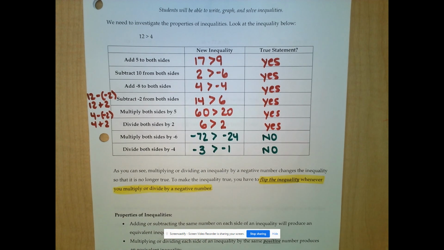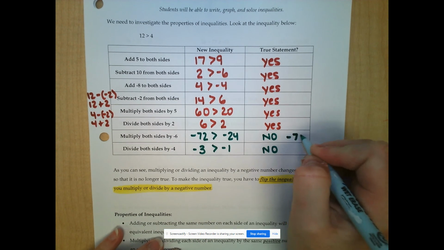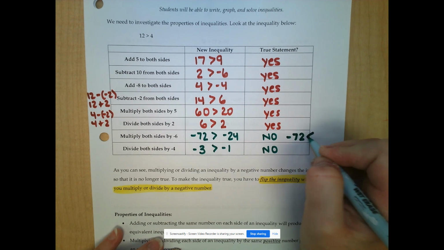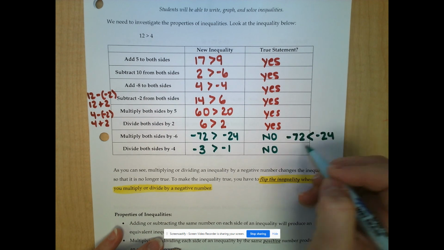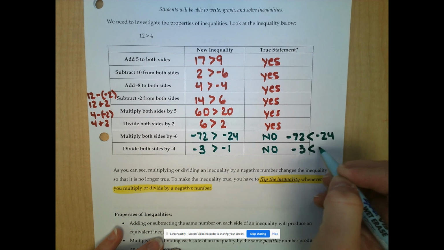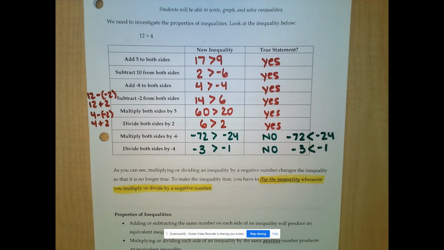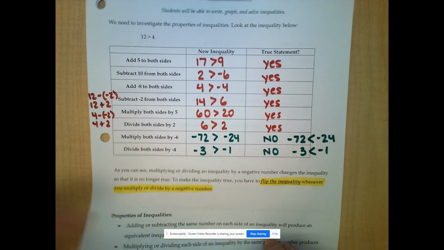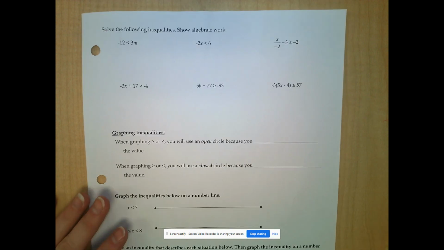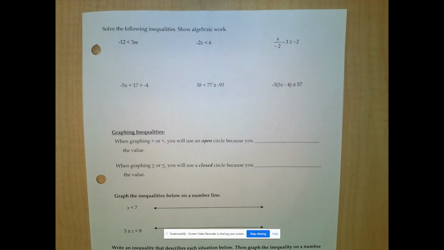So in order for it to still be true, you would have to say negative 72 is less than negative 24, or negative 3 is actually less than negative 1. So by flipping the inequality, anytime we multiply or divide both sides by a negative, that makes it a true statement again.